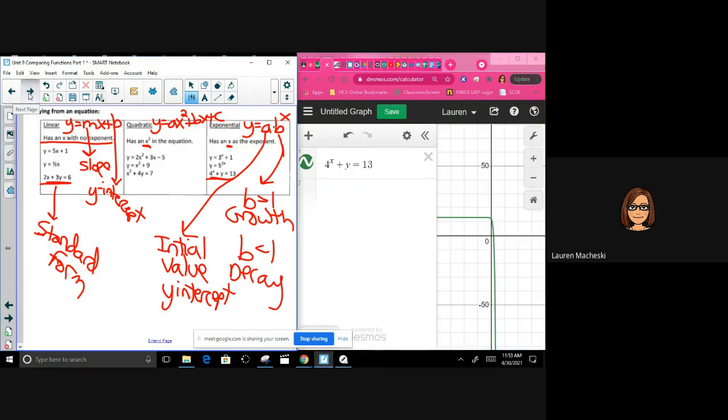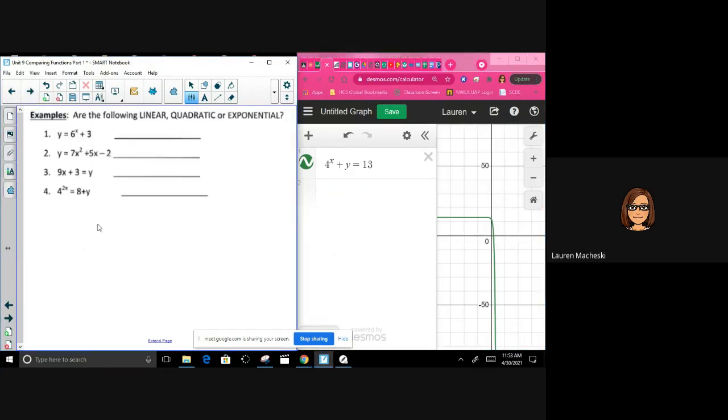All right, so let's identify these four. Tell me whether you think linear, quadratic, or exponential. So look at that first one. What do you think that first one is? Oh, what?